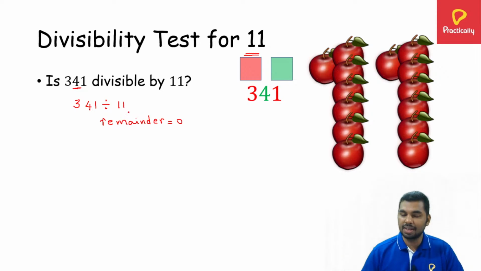In the previous class, we had already discussed that this is in fact divisible, because if I multiply 31 with 11, the method that we saw was you write 3 and 1 separated by a space, and in the middle you put the sum of the two digits, which is 1 plus 3, which is 4. So the answer is 341. It means that 341 is divisible by 11.